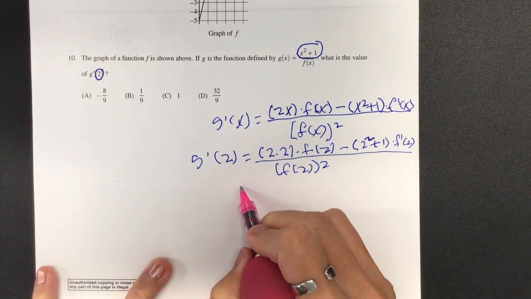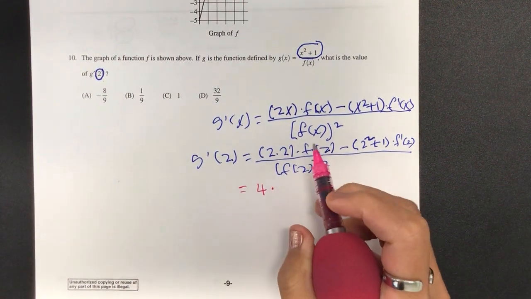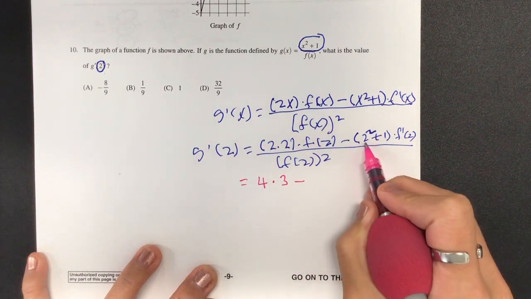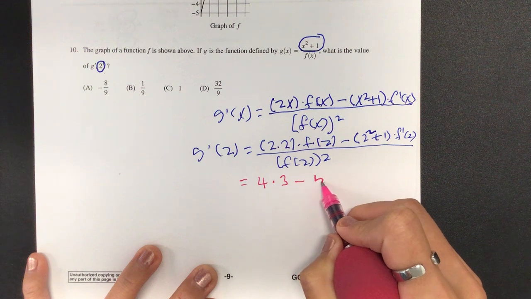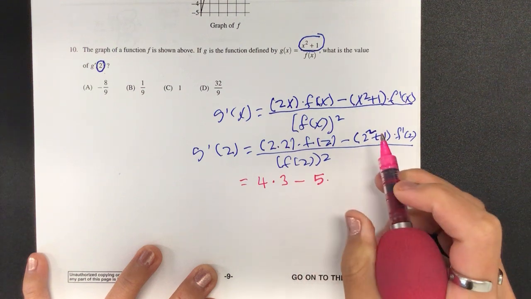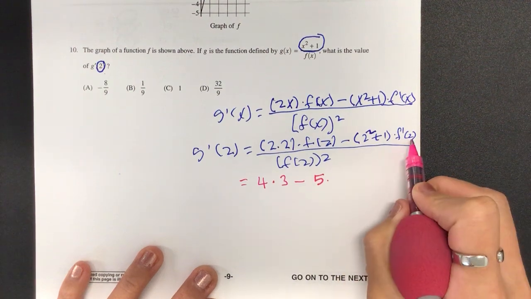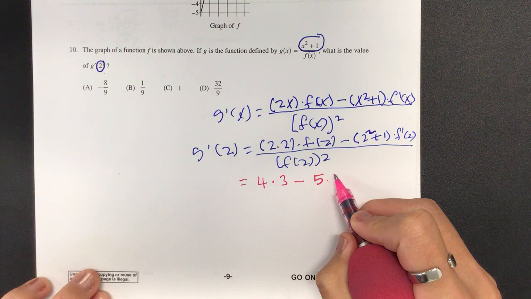What is 2 times 2, everybody? 4. Didn't we already find f of 2 on the top? What was it? 3. Minus, we know 2 squared plus 1 is how many? 5. And then we have f prime of 2, we already found on top. What number was it? 4.